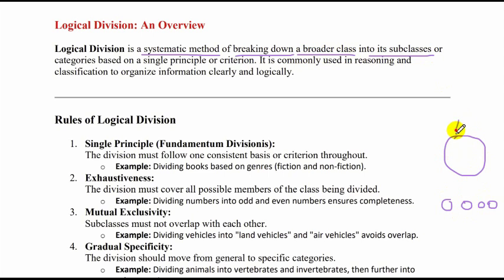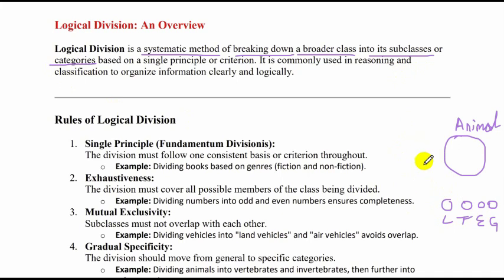For example, this may be an animal class, broader class, and these could be lions, tigers, and so on, like different elephants, giraffe. So, it is a method of breaking down a broader class into its subclasses or categories. So, we are dividing it into different categories.